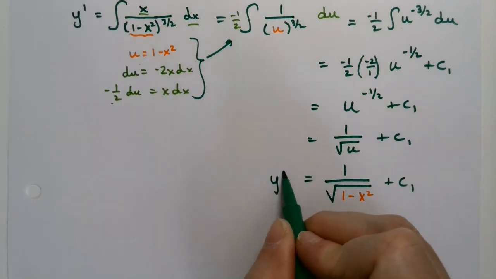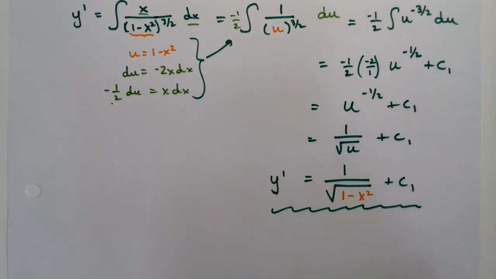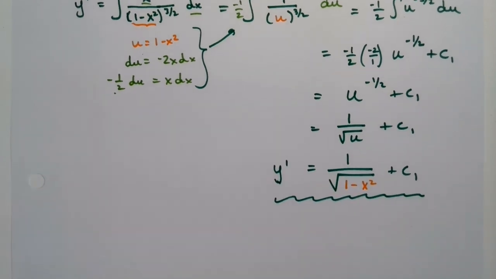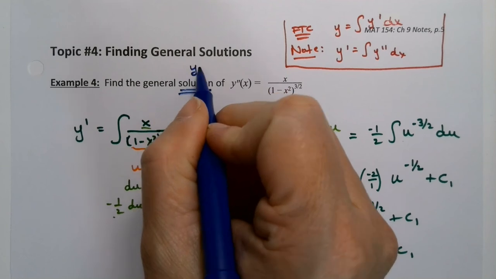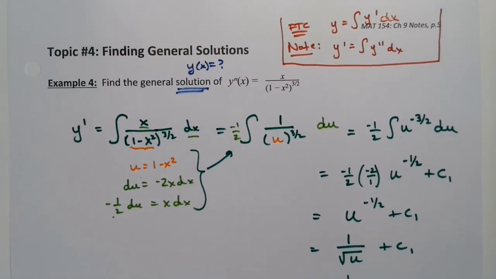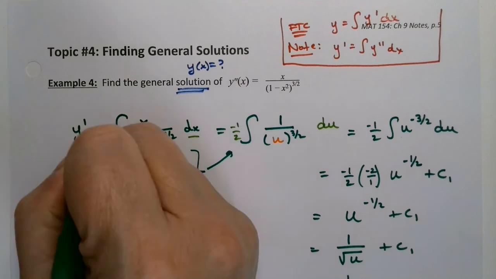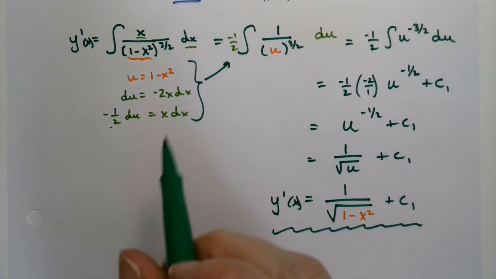So there's the first derivative right here. I'm not boxing it because it's not the answer. I'm looking for the solution, so I need to find y of x. I just found y prime of x, so y prime of x is equal to that integral, which I just did.